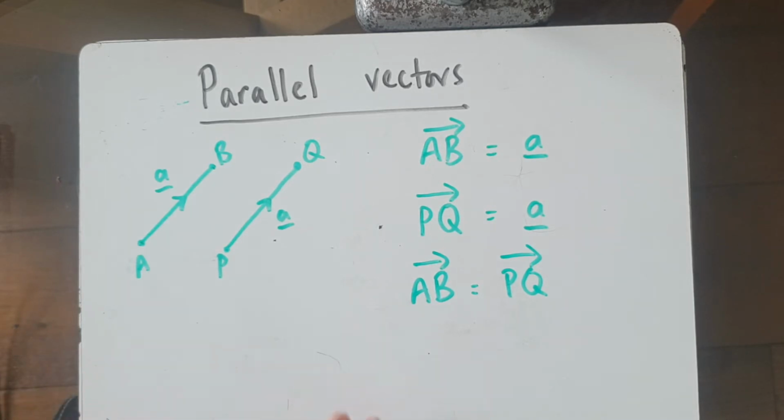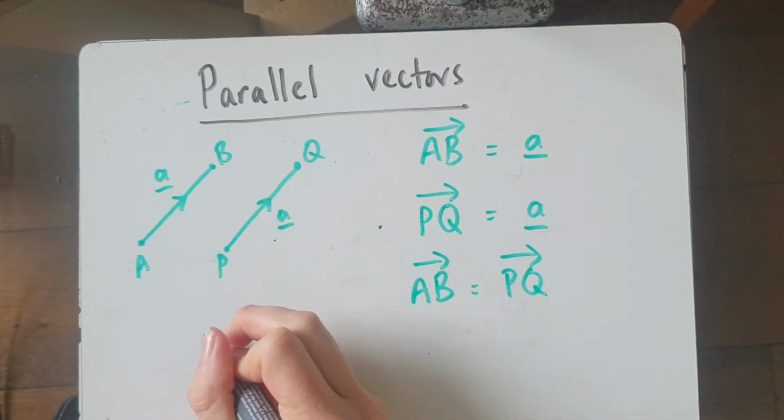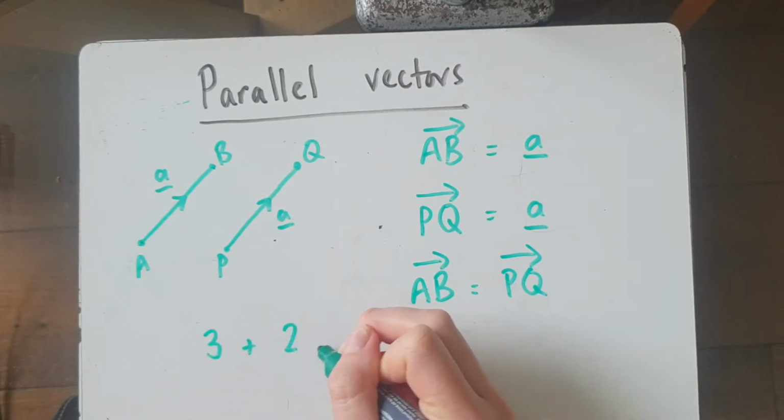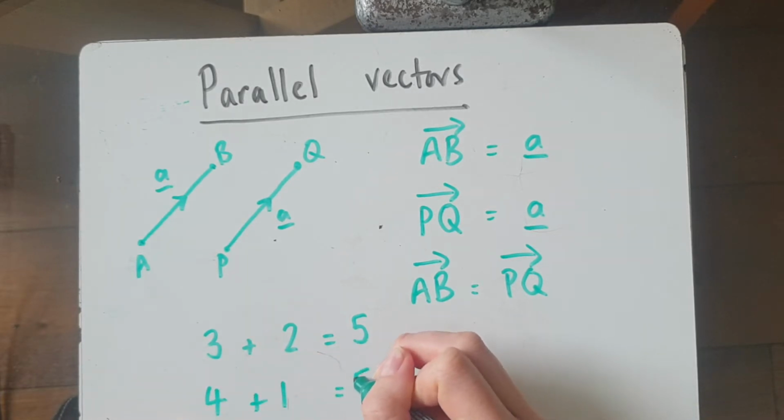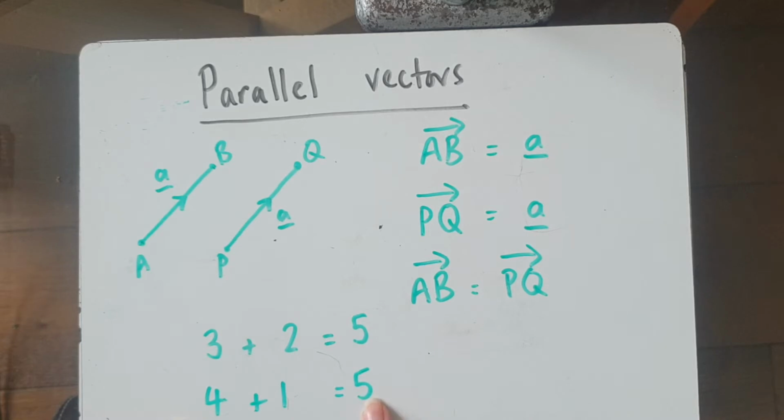A comparison in number would be if we do 3 plus 2 equals 5. This is a particular number, and these are two particular numbers, and 3 plus 2 makes this 5. However, we could also have 4 plus 1 makes 5.